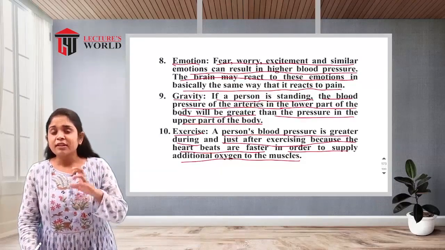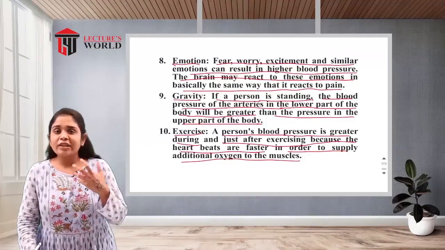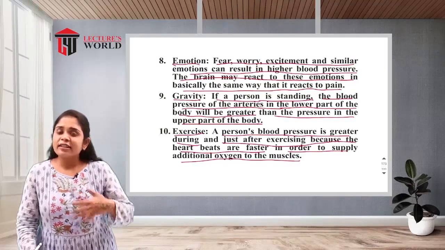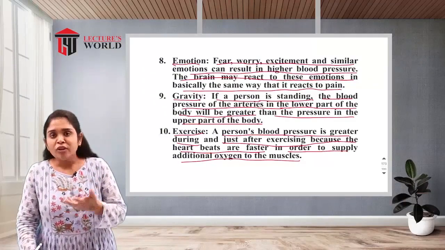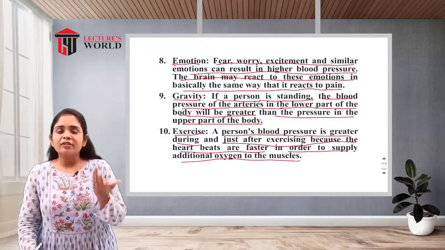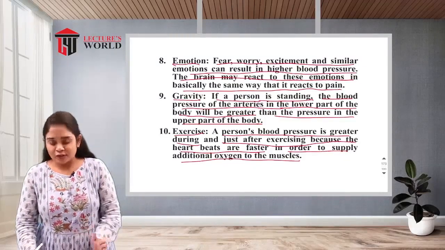It means that other organs also need the proper amount of oxygen. When they are not getting it, the heart will pump more. So the heartbeat is also going to increase, and because of that the blood pressure is also going to increase.